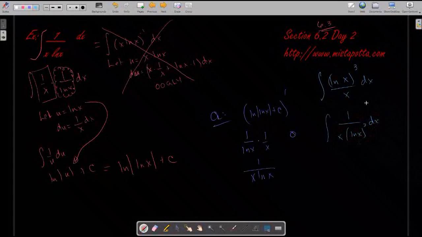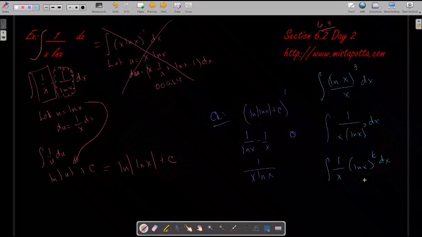I could see a lot of these formats where rewriting it as 1 over x times natural log of x to some power is going to make it an easier integral to work with.